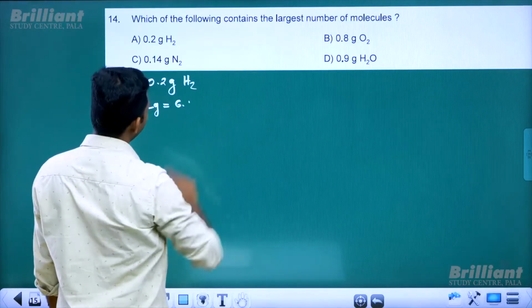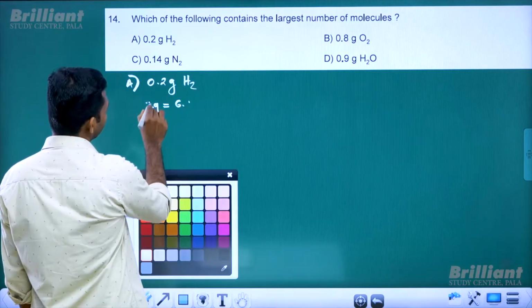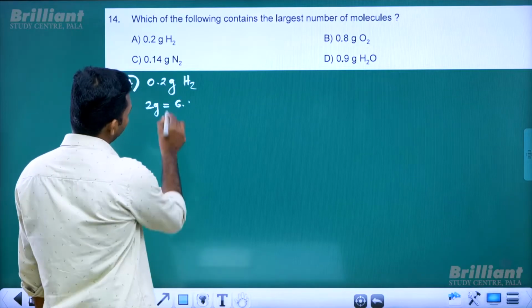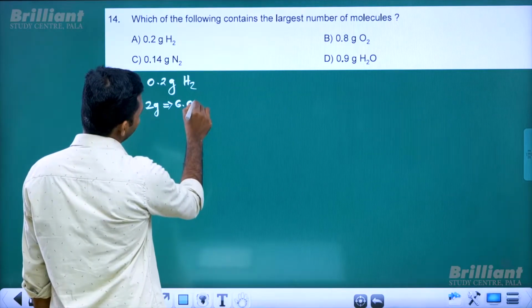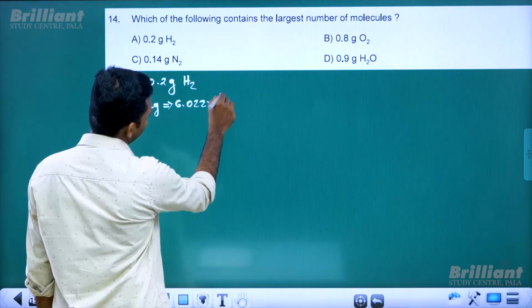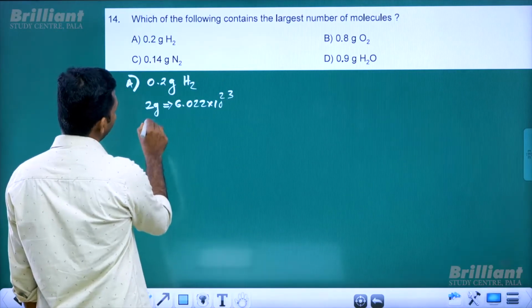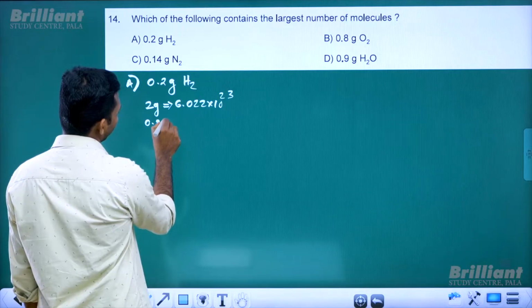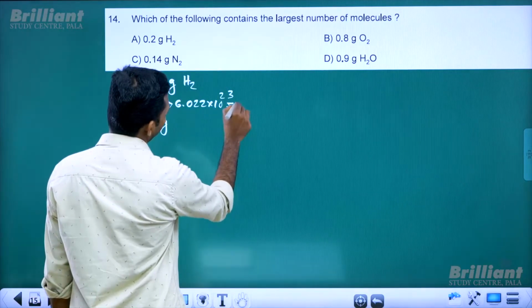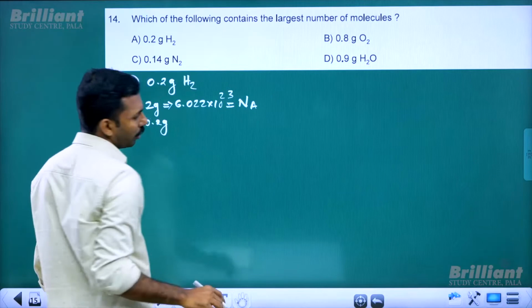So molecular mass is 2 gram. 2 gram hydrogen may contain 6.022 into 10 raised to 23 molecules. So 0.2 gram may contain... This is equal to Na, I am writing Na. Na means Avogadro number.